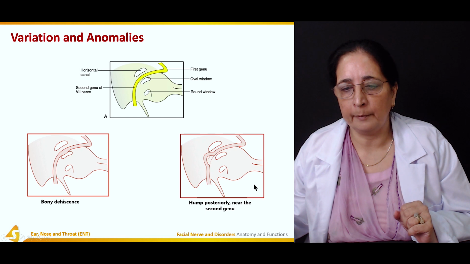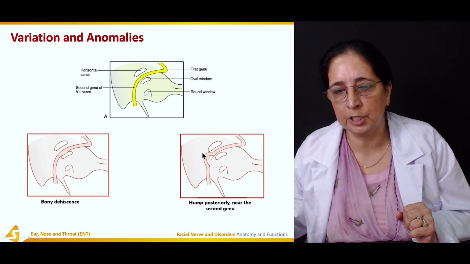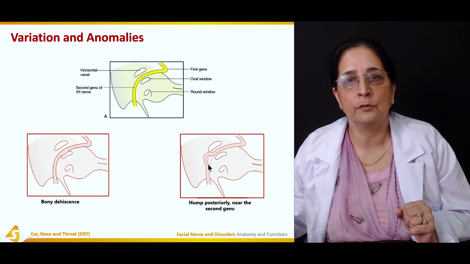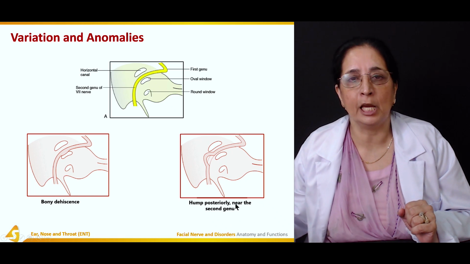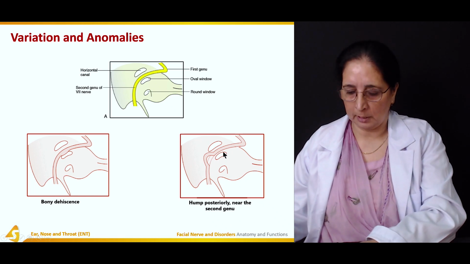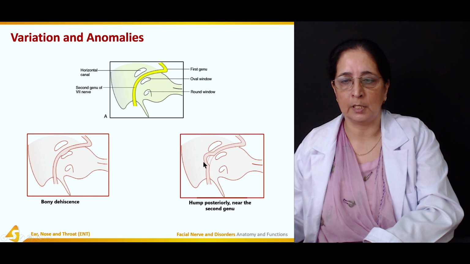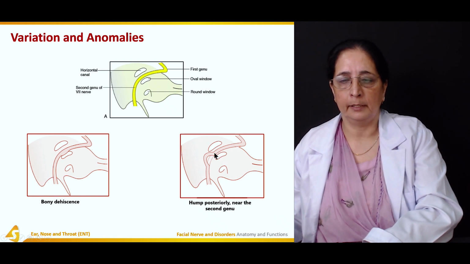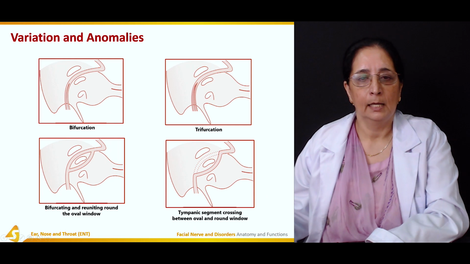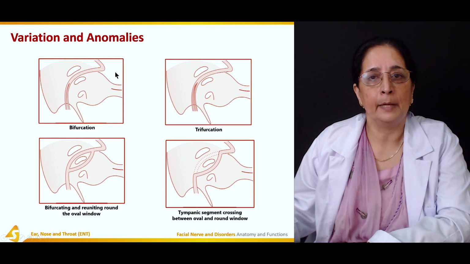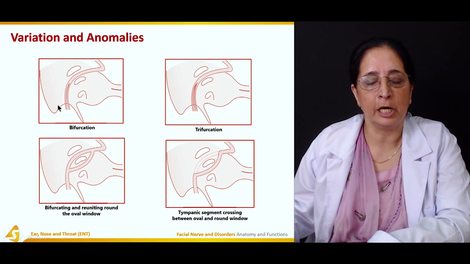Then another abnormality: this is the posterior hump. A hump is formed in the second genu of the facial nerve. A few other abnormalities: this is bifurcation.